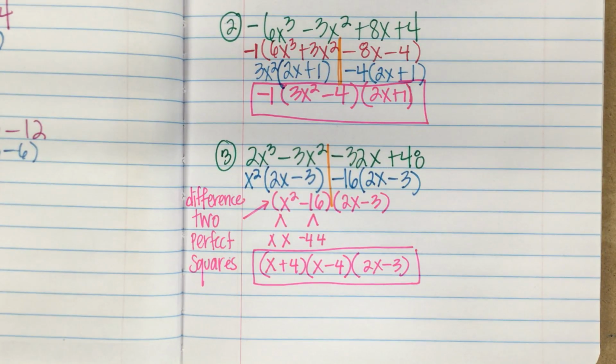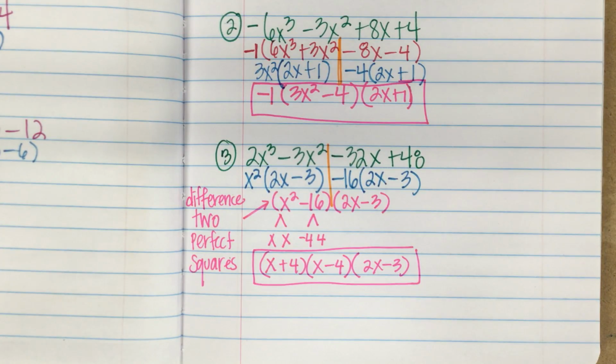But if it said x squared minus 30, could you do it? No. Because 30 is not perfect. If it said x squared plus 100, 100 is perfect, but it's not a minus problem. It has to be x squared minus a perfect number.